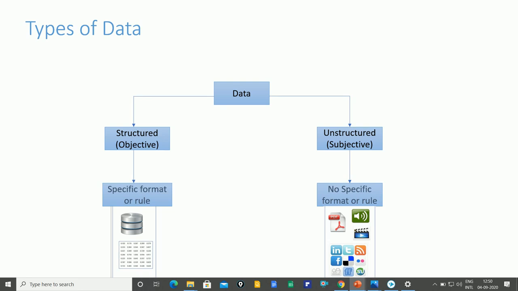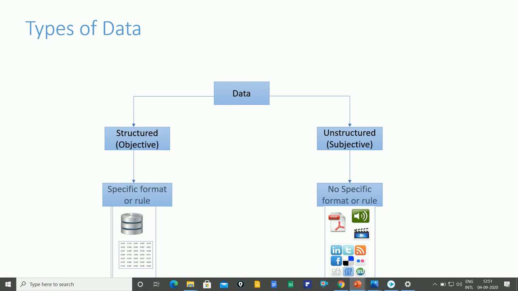For example, filling out a form for opening an account in a bank. So we cannot fill out the form in any way we feel like. It has got a specific set of rules. We need to fill out first the personal information, then we go on to fill out the educational qualification, and then the work experience. So structured data is objective by nature.